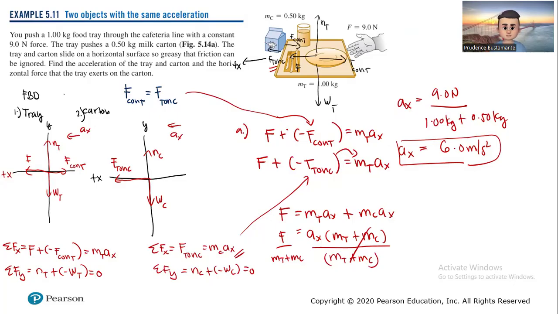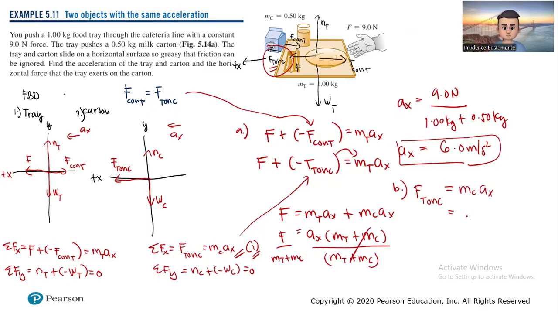So now, let's find the horizontal force that the tray exerts on the carton. The force the tray exerts on the carton is along this direction. So from this equation here, we have F of T on C is just equal to, so this is for B, find the horizontal force that the tray exerts on the carton, is just equal to the mass of the carton times the acceleration.